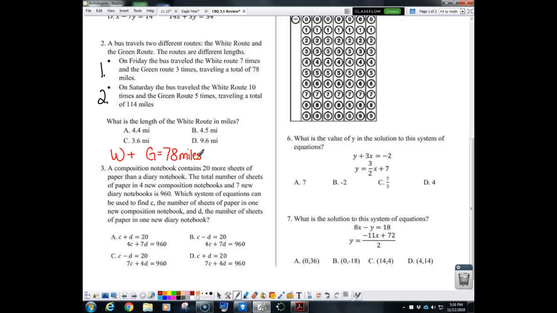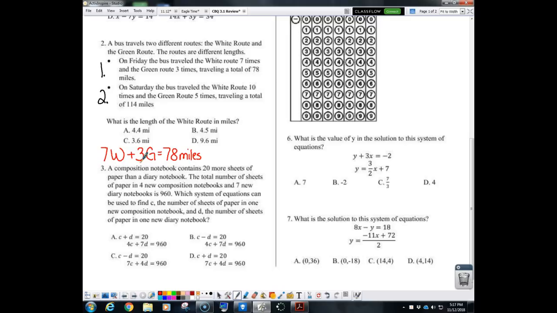They tell me that the white route was traveled 7 times and the green route was traveled 3 times. The W stands for how long the white route is, and the G stands for how long the green route is in miles. So that's one of my equations.